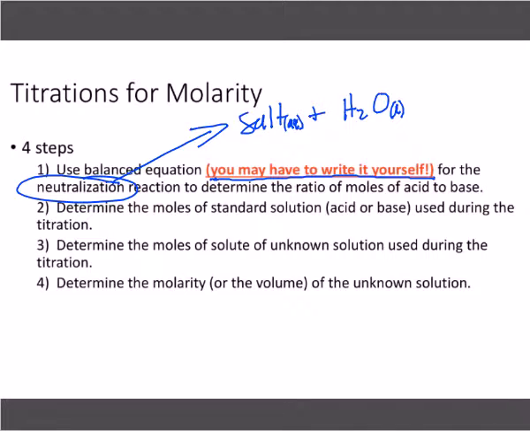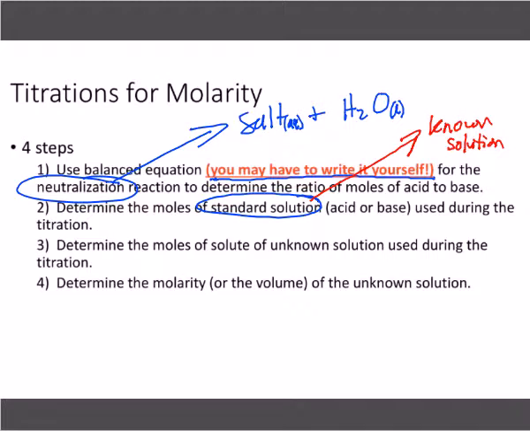Number 2, we got to determine the moles of standard solution. That's a key word there, guys. Standard solution. All right, you should be jotting the notes down that I make as well. Standard solution, guys, that's your known solution. Okay? When you hear that term standard, that means it's your known. All right? You know what that is.